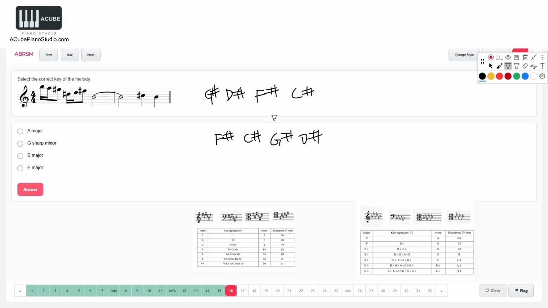Four sharps, right? If you have these four sharps, it's either E major or C sharp minor. If you have C sharp minor, you should have B sharp. I do have a B note here, but there's no accidental. So it's likely that it is E major.